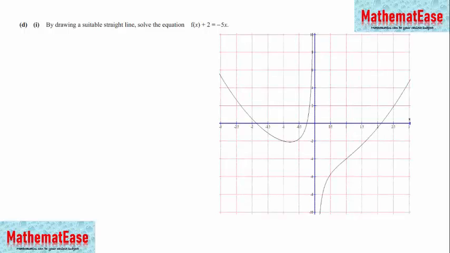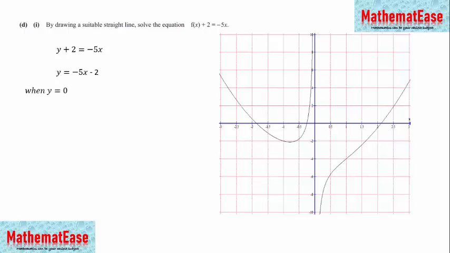By drawing a suitable straight line, solve the equation f of x plus 2 is equal to minus 5x. This is our graph as usual. Now, I told you earlier on that f of x is y. It's the same thing as y. So I take 2 to the other side, so it's equal to minus 5x minus 2.